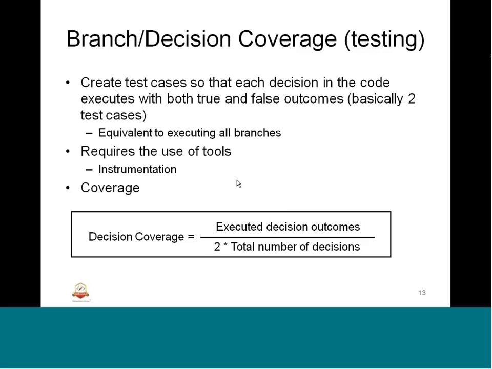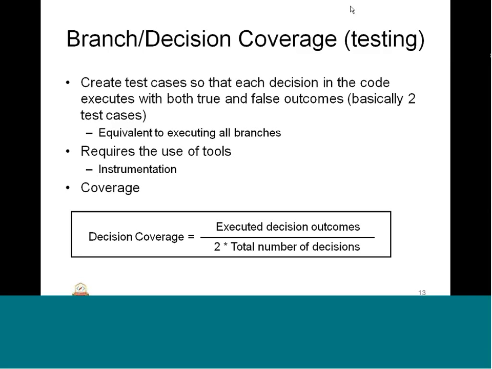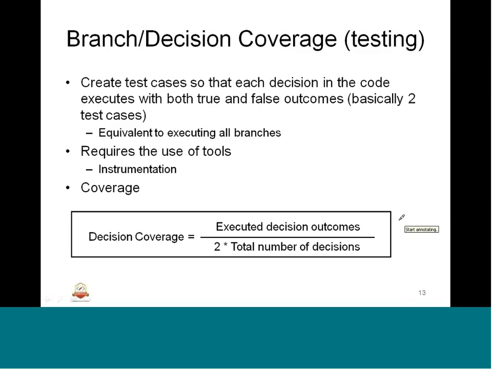And here also the coverage is measured as a percentage, where the total number of executed decision outcomes is considered against the total number of decision outcomes. Suppose we have 2 diamonds, and each diamond will have 2 outcomes, true and false. Then there are 4 outcomes in total, because each decision will have 2 outcomes.